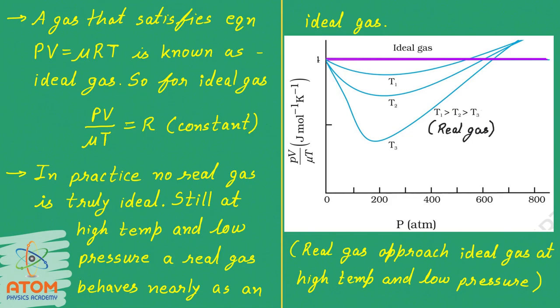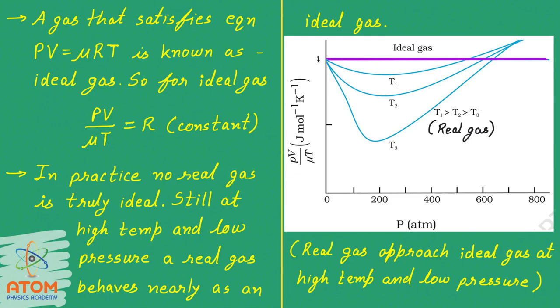And now we are going to see a very important part of this topic, that is about ideal gas. A gas that satisfies the equation PV is equal to mu RT is known as an ideal gas. So for an ideal gas we can also write PV upon mu T is equal to R, and R is constant, so we can say PV upon mu T will be constant.